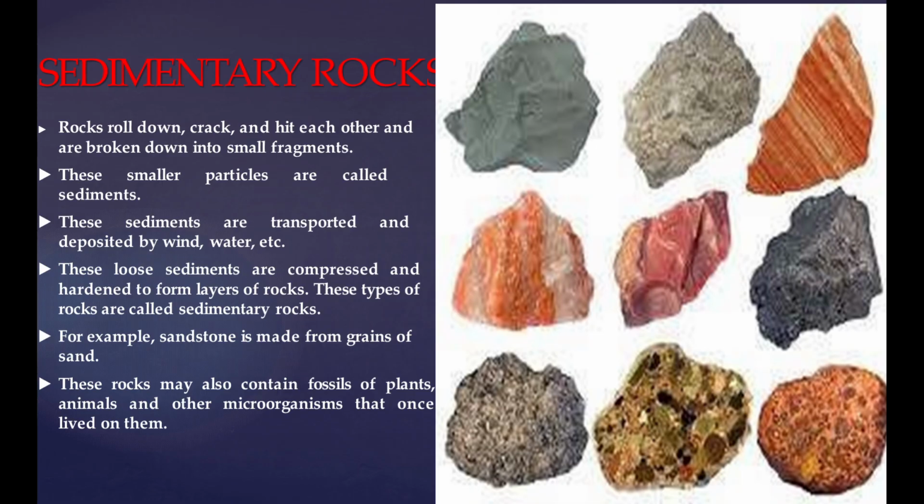In due course of time, these layers were compressed and cemented to form rock, and these rocks are known as sedimentary rocks. Some examples of sedimentary rocks are sandstone, shale and gravel. Sometimes fossils of plants and animals can also be found in sedimentary rocks.